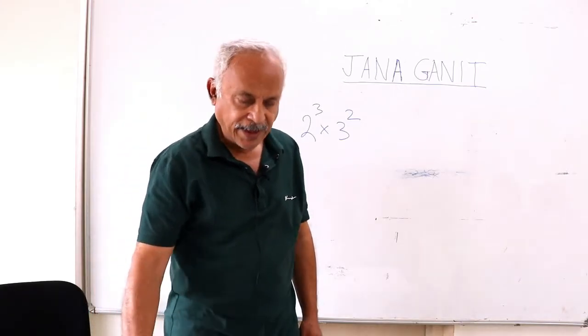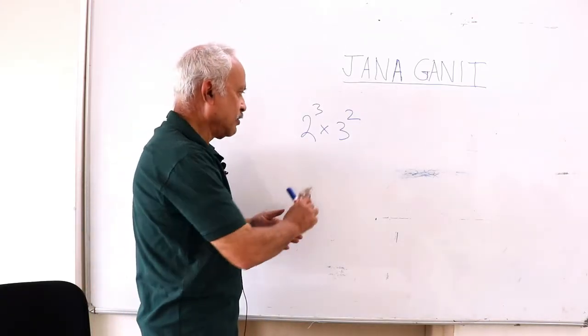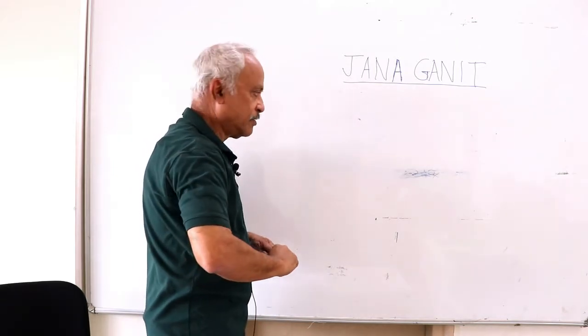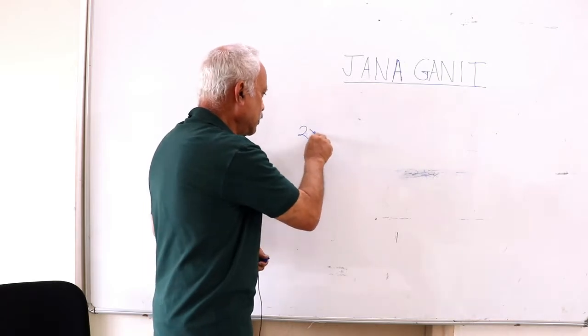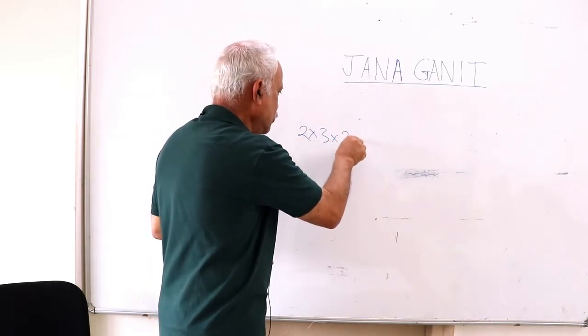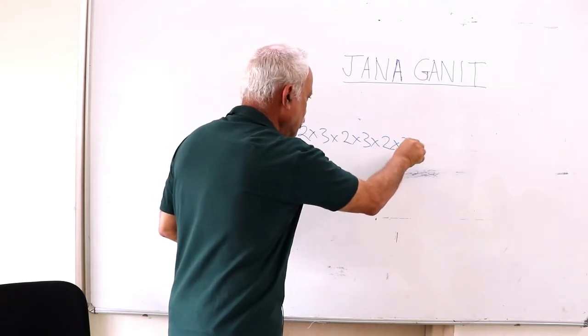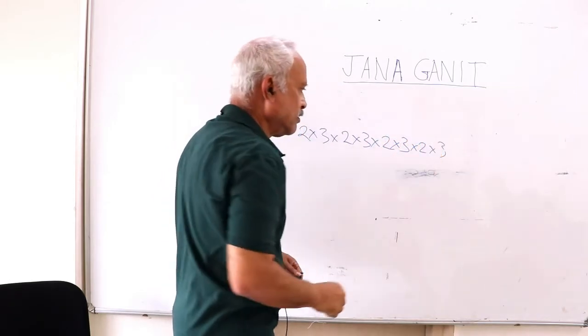Correct. And write down the short form of 2 into 3 into 2 into 3 into 2 into 3 into 2 into 3.